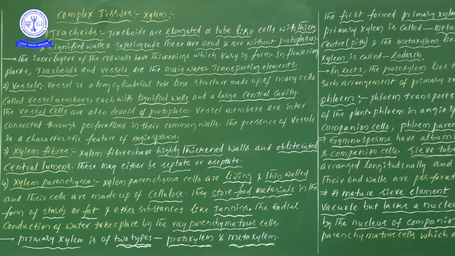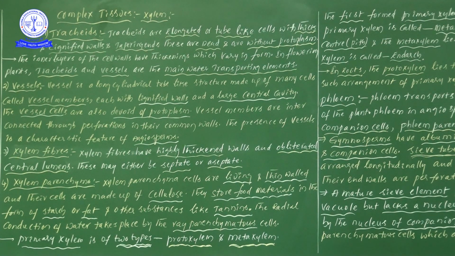Next one, gymnosperms lack vessels in their xylem. That point I didn't give you on the slide, but I am giving it through my voice. The presence of vessels is a characteristic of angiosperms, and the absence of vessels is a characteristic of gymnosperms.